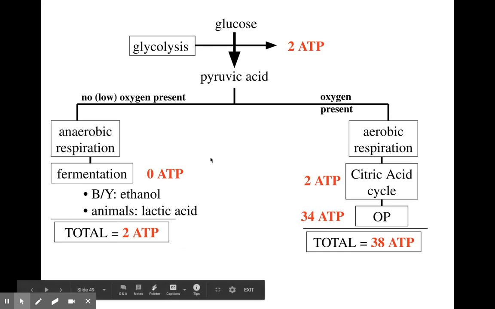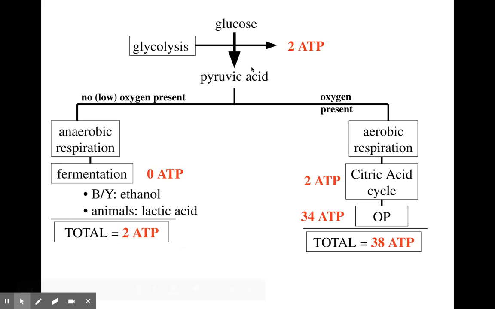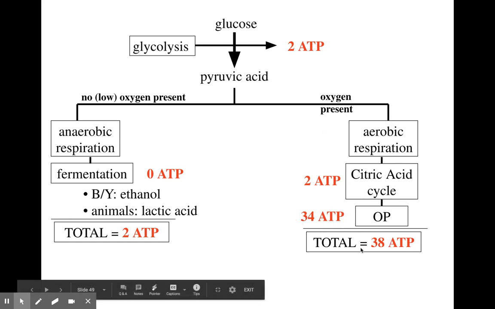We're only getting 2 ATP out of that glucose. But with oxygen present, we could also do aerobic respiration, air respiration. And now we're going to have the citric acid cycle. It's going to make us 2 ATP, and oxidative phosphorylation will make us 34. So 2 plus 2 plus 34 is 38.